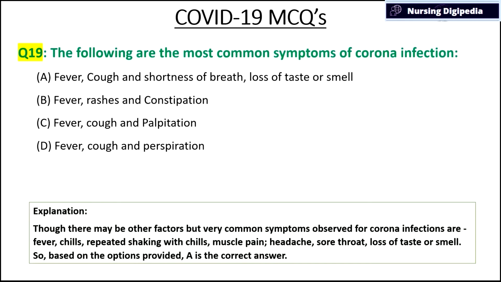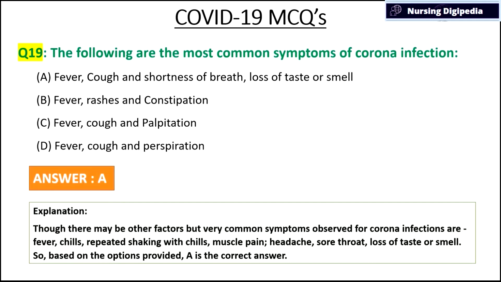Question 19. The following are the most common symptoms of corona infection. A. Fever, cough and shortness of breath, loss of taste or smell. B. Fever, rashes and constipation. C. Fever, cough and palpitation. D. Fever, cough and perspiration.